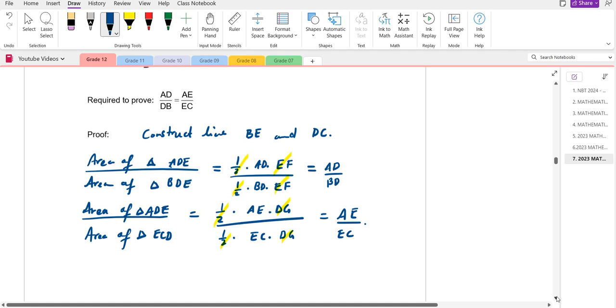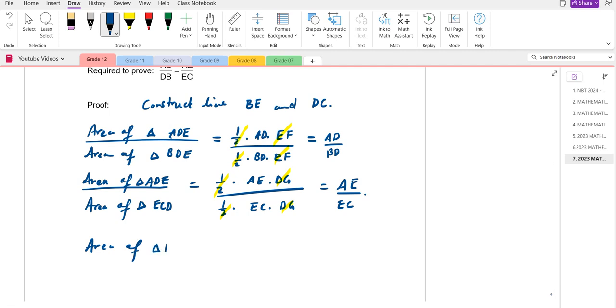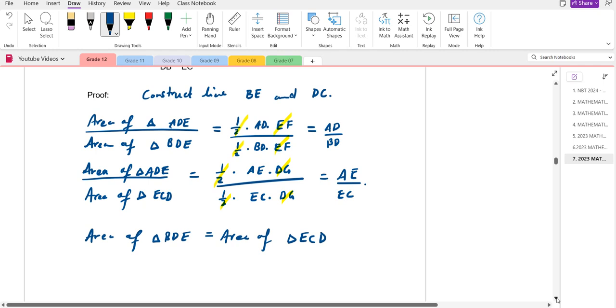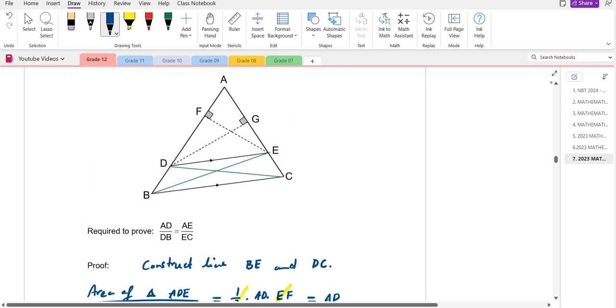But now we know that area of triangle BDE is now equal to area of triangle ECD. And what's the reason for that? The reason is the same base between the parallel lines. So this is the first and this is second. The areas are the same here.